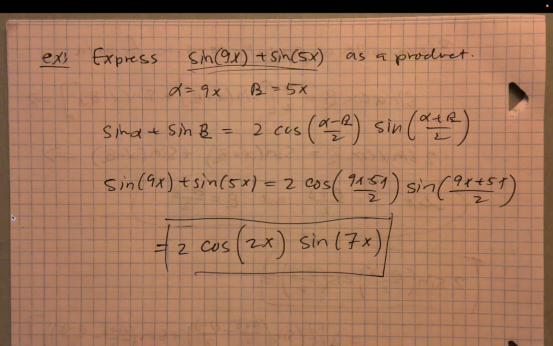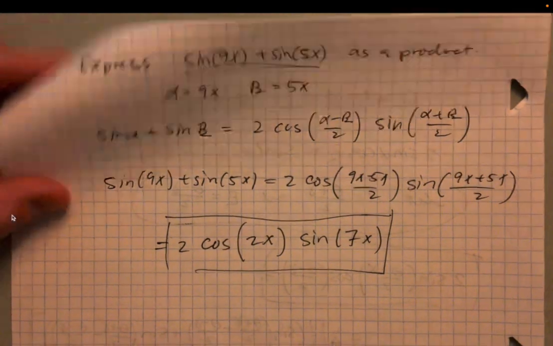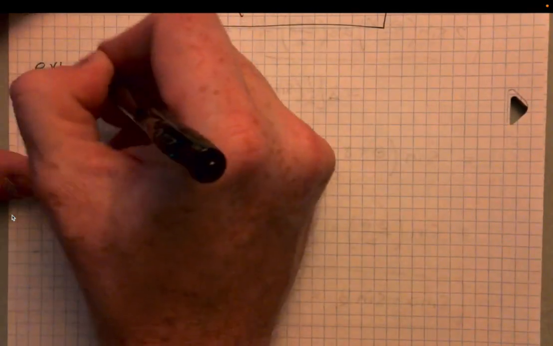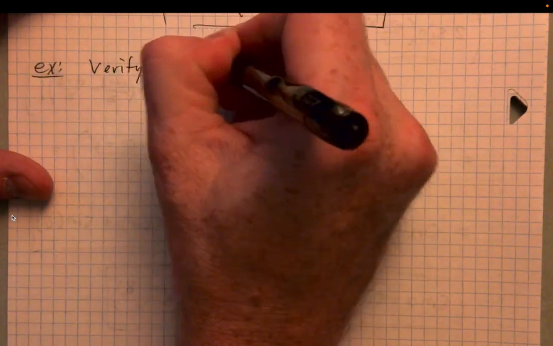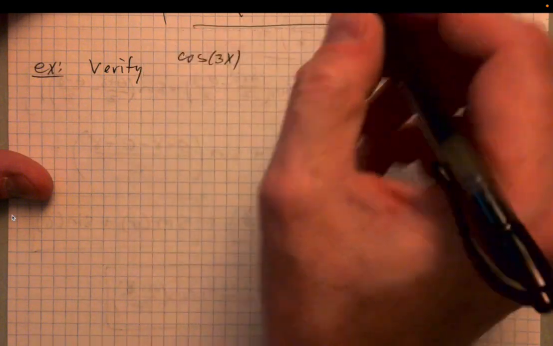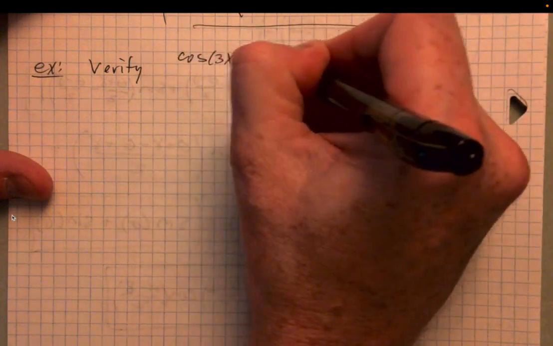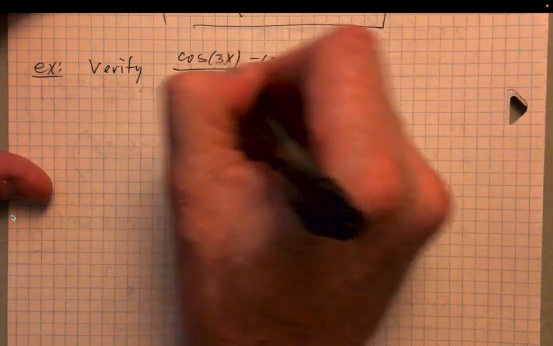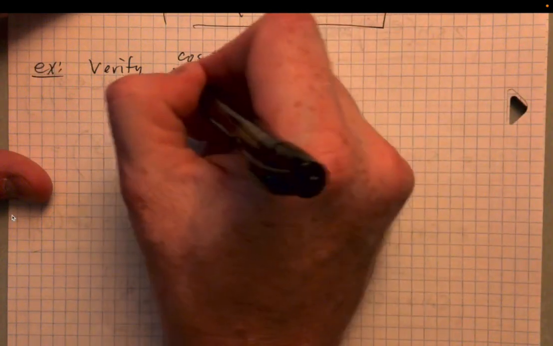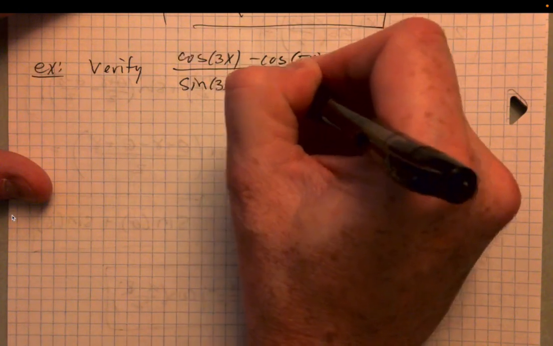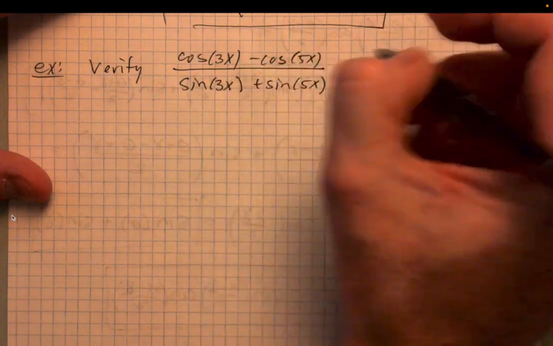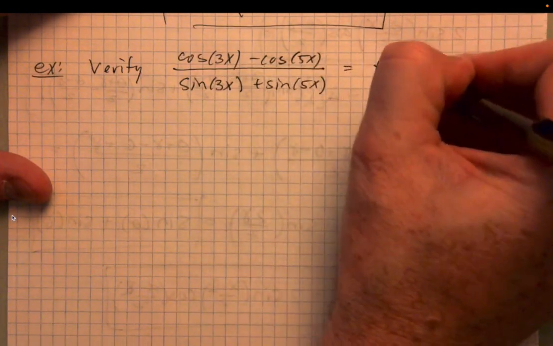Okay, very good. Let's do one more example where we use these guys to verify a trig identity. So let's say we want to verify that the cosine of 3x minus the cosine of 5x divided by the sine of 3x plus the sine of 5x, that's all equal to tangent of x.